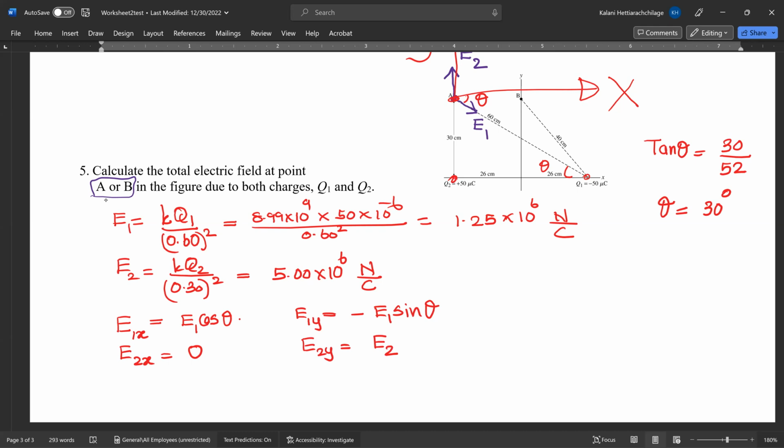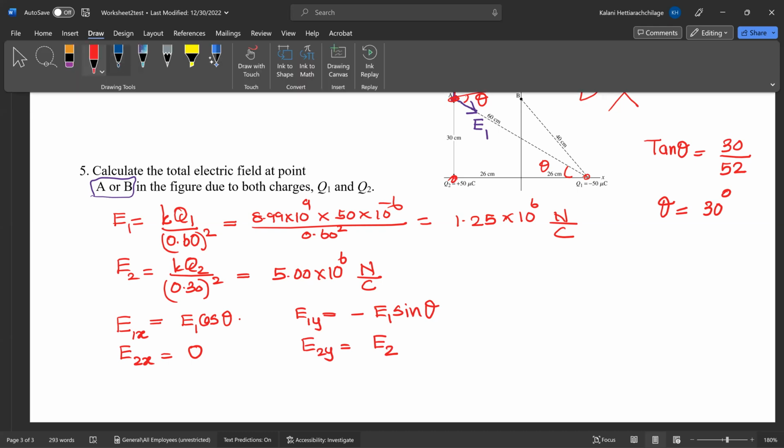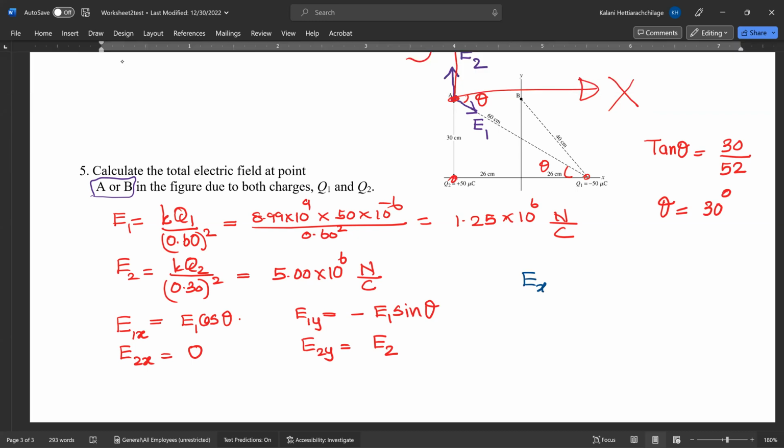So now we are ready to use the Pythagorean theorem, but before that I need to write net Ex. That will be equal to E1x plus E2x, right? So that will be E1 cosine of theta, because E2x is just 0. And Ey will be again the y component of both.